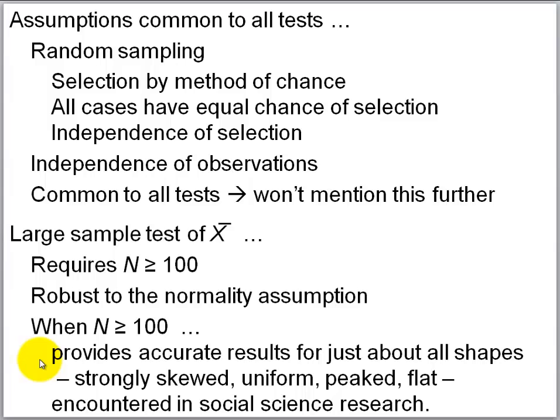So your population from which you're selecting your random sample might be strongly skewed, have a uniform shape, it might be very peaked, or just about any shape encountered in social science research, you're going to get accurate results for a large sample test in these situations, provided that n is 100 or greater. So if n is 100 or greater, then the large sample test is robust to the normality assumption.